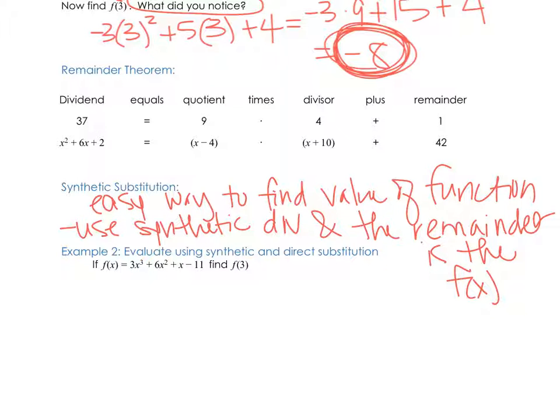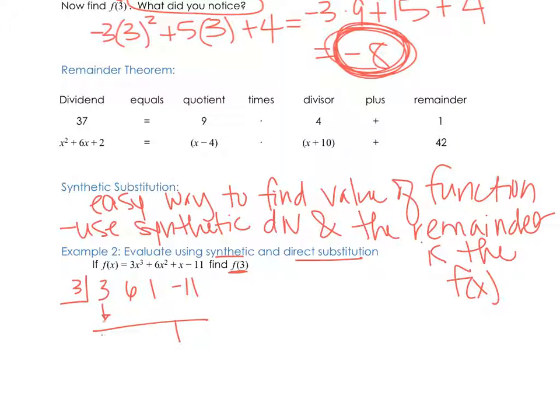Okay, this next one, find f of 3. They want us to do it both ways. They want us to use synthetic division and then also direct substitution, which is what we've been doing up to this point in class. So let's do synthetic division with 3. My coefficients are 3, 6, 1, and negative 11.